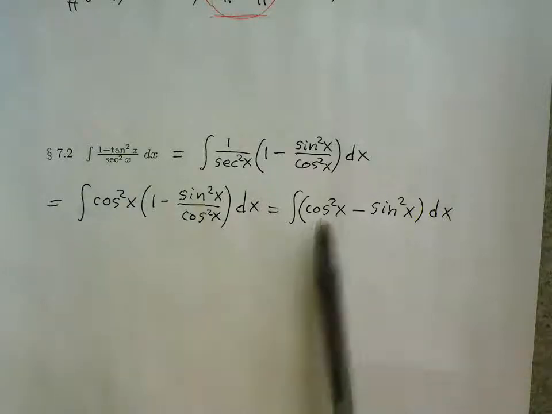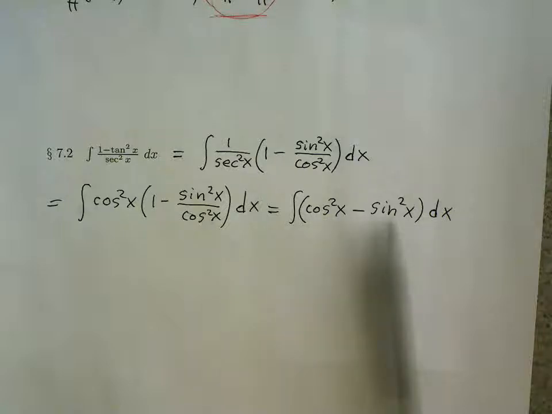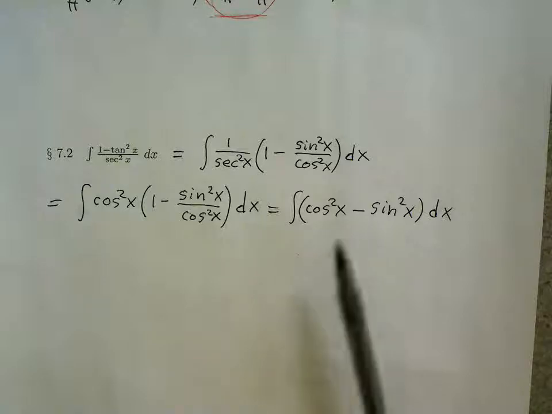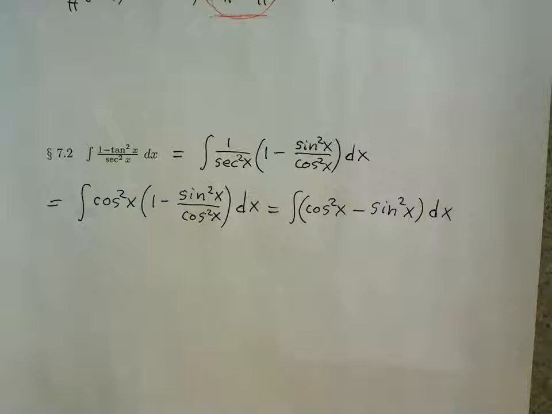Another option, replace cosine squared of x with 1 minus sine squared of x, so you'll end up with 1 minus 2 times sine squared of x. Then replace sine squared of x with the quantity 1 minus cosine of 2x all divided by 2. That's a second way to do it. But I can think of a third way that is easier than those 2 options.